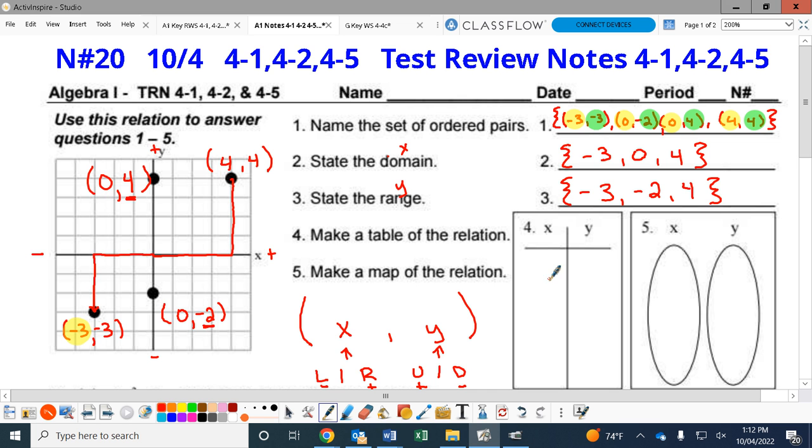To do a table, do you all understand a table is just a set of ordered pairs, but instead of listing them from left to right, they just list them from top to bottom. That's all it is. So it's -3, -3, that first ordered pair. Then the next one's going to be 0, -2. That's the second ordered pair. Then it's going to be the third one, which is 0, 4. And then the last one is 4, 4.